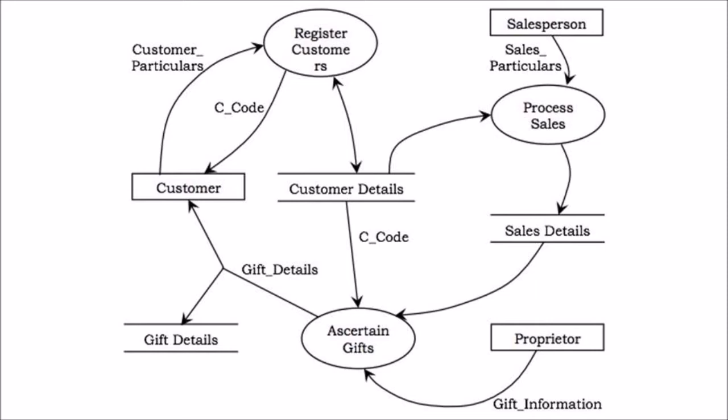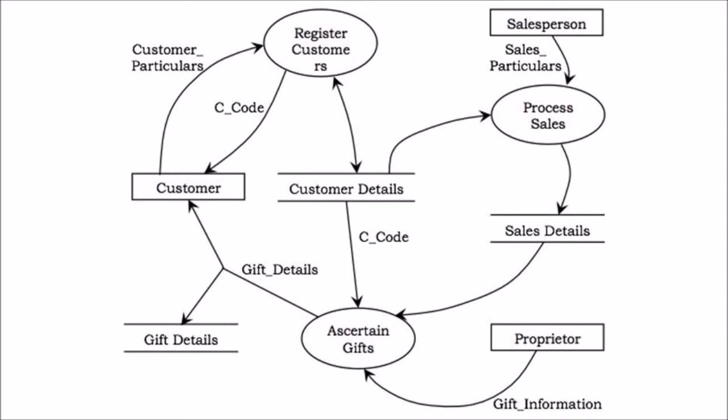As we see in this figure, we can see three different processes: customer registration, process sale, and ascertain gift. And we can see three different data stores. They are gift details, customer details, and sales details.